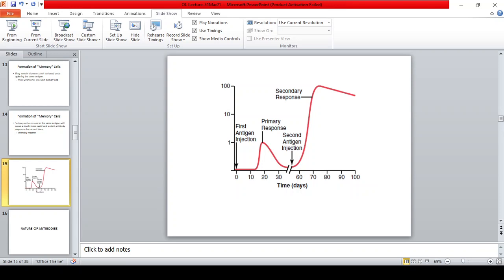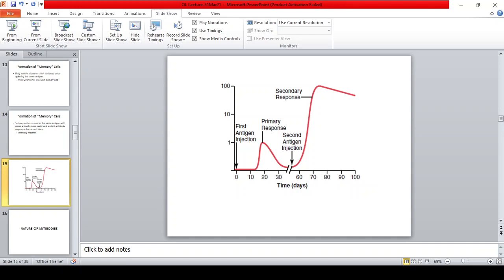Note, after a delay of about 1 week, there is the appearance of the primary response. It's not very potent and it has a short life. In contrast, the secondary response begins much more rapidly after exposure to the antigen, often within hours, and this is much more potent and forms antibodies for many months rather than for only a few weeks.